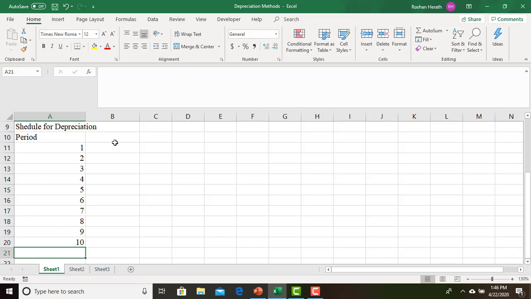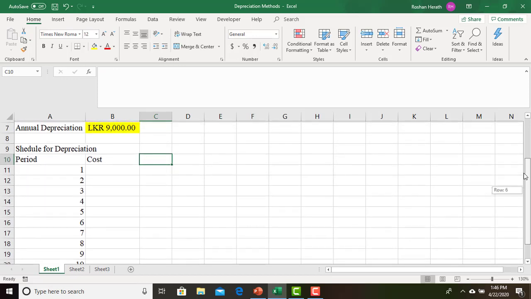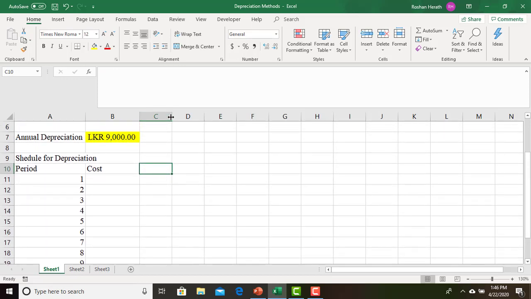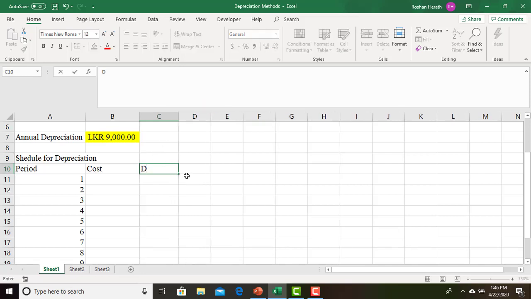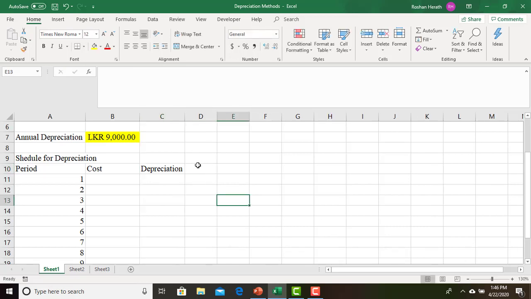That is the period. Then you may get the cost of the asset. So it is needed. And then you have to take the depreciation, and the next information, that's going to be the accumulated depreciation.